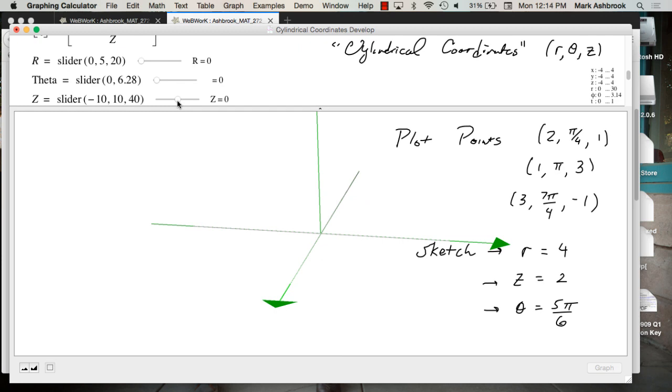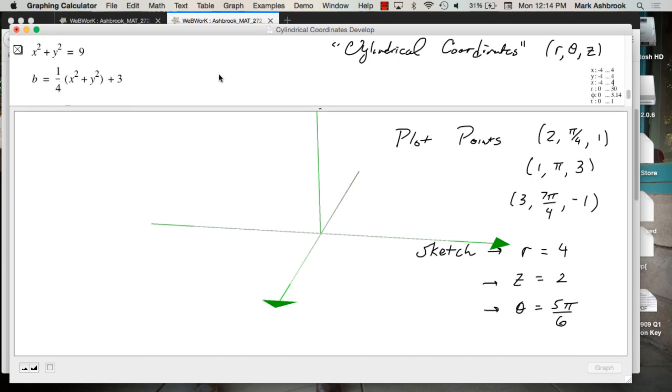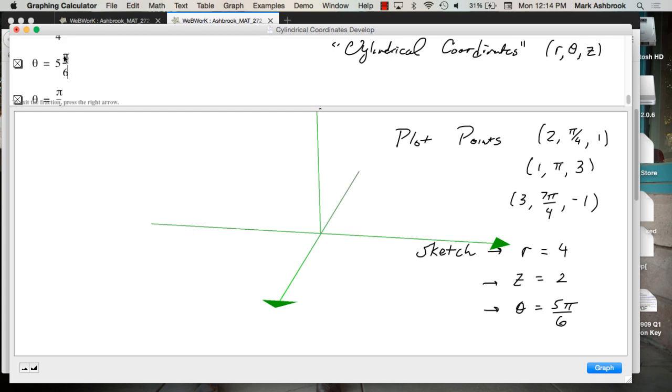What about theta equals 5 pi over 6? Okay, so is it a plane? Kind of. It's like half a plane, right? Because in cylindrical coordinates, we don't really consider negative r's the way we did in polar coordinates. Remember in polar coordinates, we could go in some direction, and negative r would be back 180 degrees or pi from that direction.